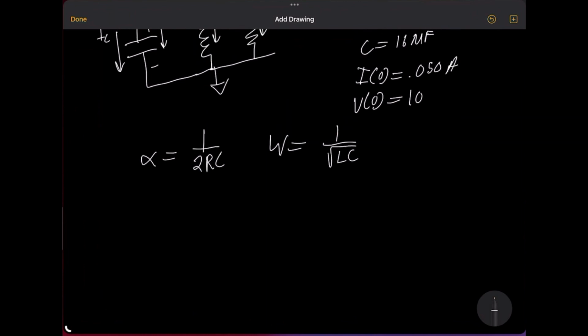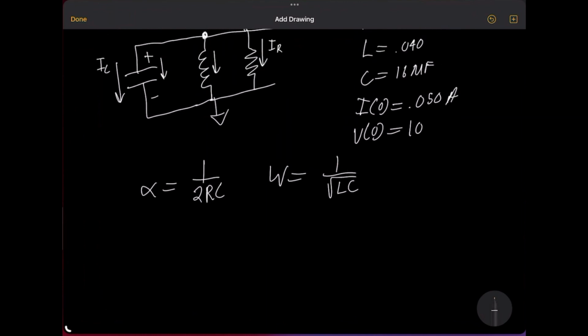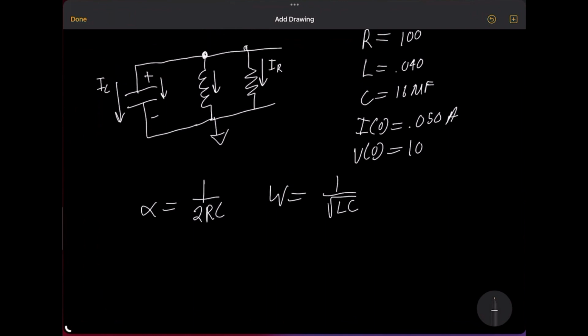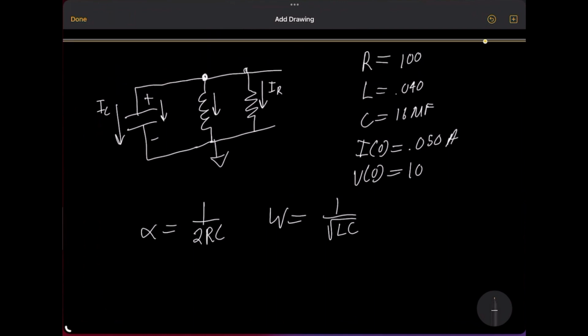So let's solve for this: 2 times R times C. We have resistor 2 times 100 times capacitance, 16 times 10 raised to the negative 6. 1 divided by that number is 312.5.